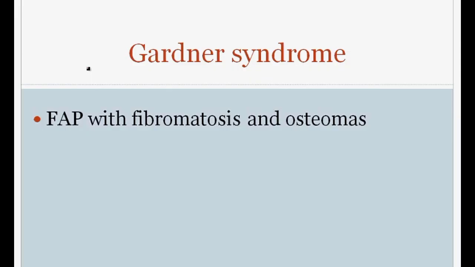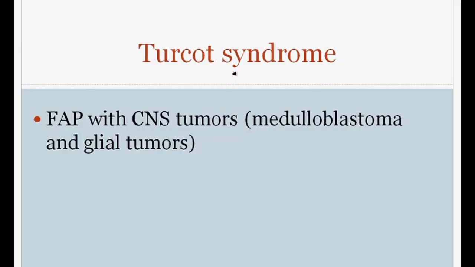And then an osteoma is a benign tumor of bone, usually arises in the skull. So the presence of FAP, familial adenomatous polyposis, with fibromatosis and osteomas, that's called Gardner syndrome. Turcot syndrome is where you have FAP with CNS tumors, in particular medulloblastoma and glial tumors.